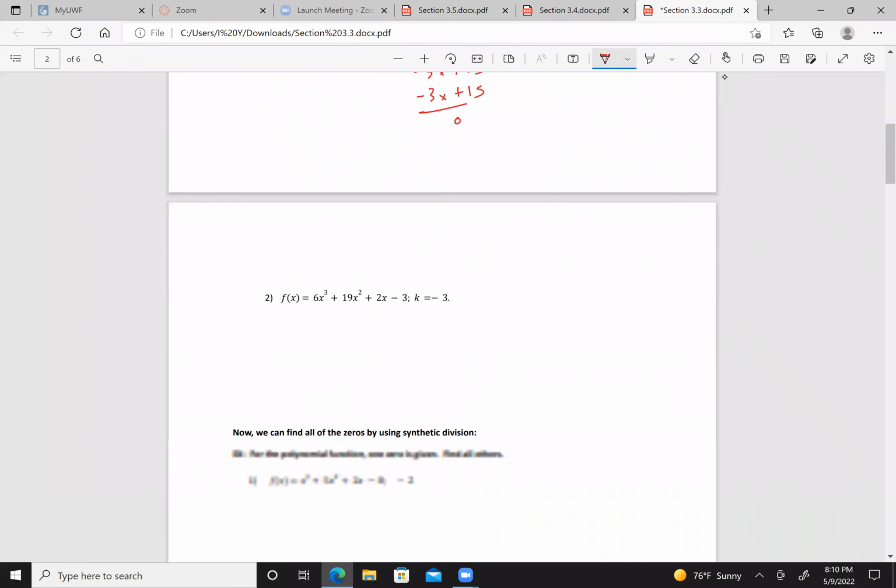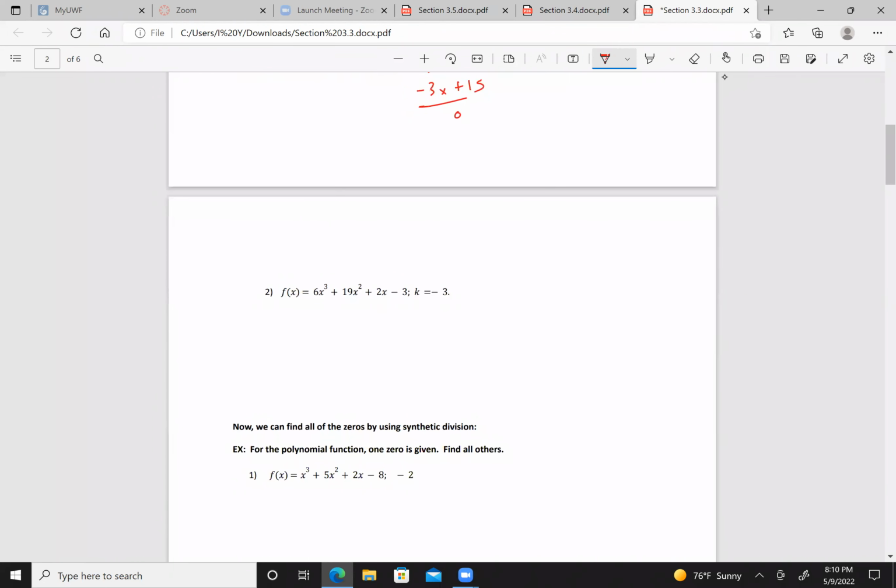Okay, let's look at another one here. So we have 6x cubed plus 19x squared plus 2x minus 3. And we're told that negative 3 is a 0, so we have x plus 3.